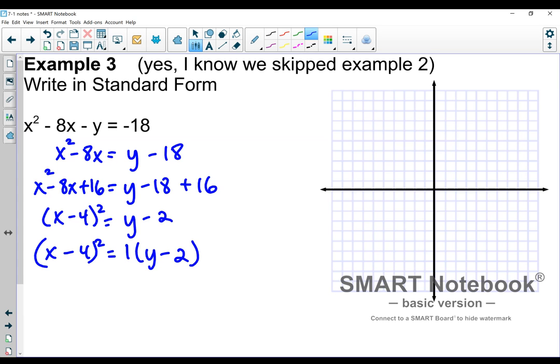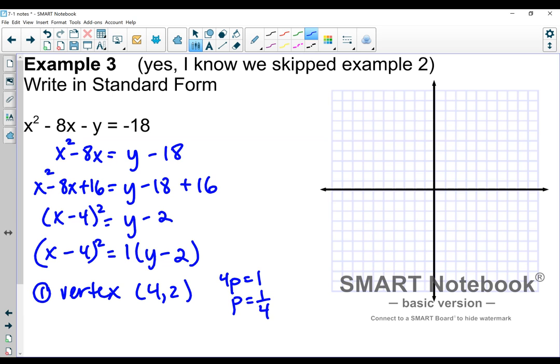So to graph, the first thing I want to do is find my vertex and p. So my vertex is (4, 2). And if this number in front of my parentheses, 1, is going to equal 4p, so p is only 1/4 here.